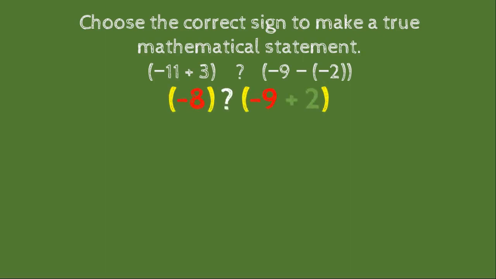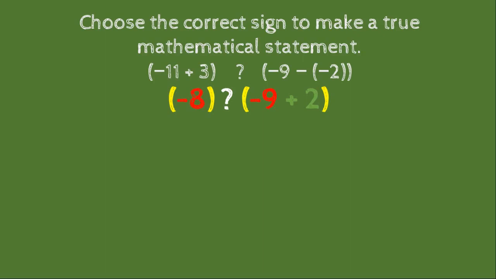Again, we just need to complete the parentheses first. So negative 11 plus 3 is negative 8. We have a mystery sign in the middle, and we figure out the next parentheses. We have minus and minus, which we represent by a positive.